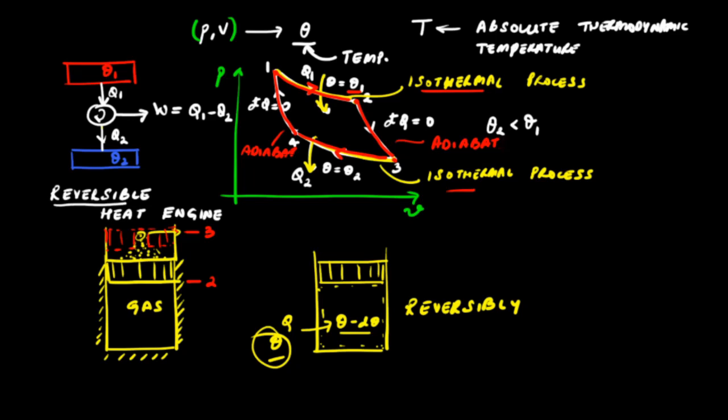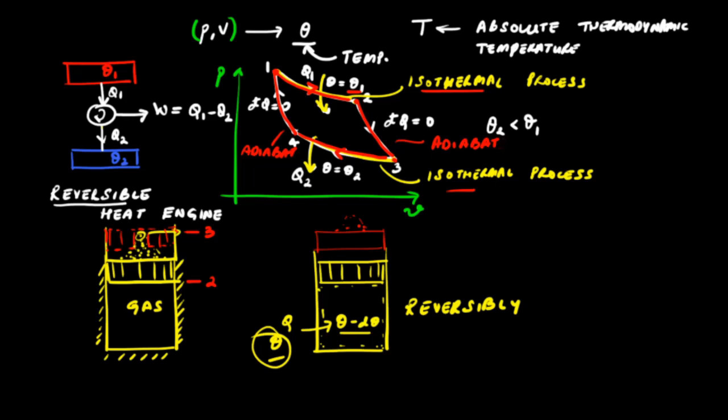So how a Carnot engine can operate is that first you are at state 1, then in an isothermal process you can expand this gas, and let's say your piston rises up, so the volume has increased. Then you can lift some weight, in the way we've shown over here, in an adiabatic process by removing a grain of sand every time, so that we can slowly evolve the system from state 2 to state 3.